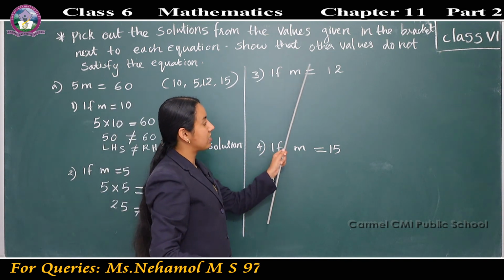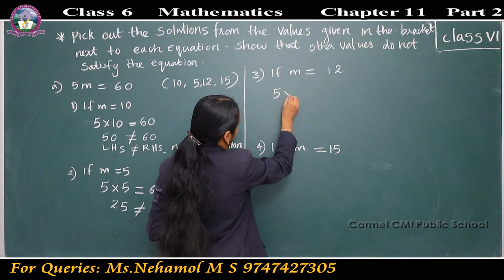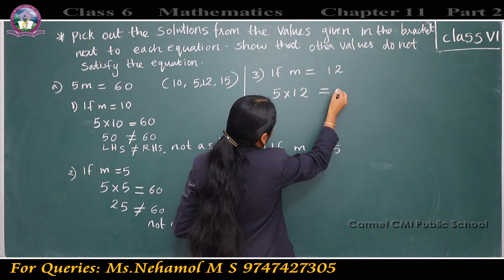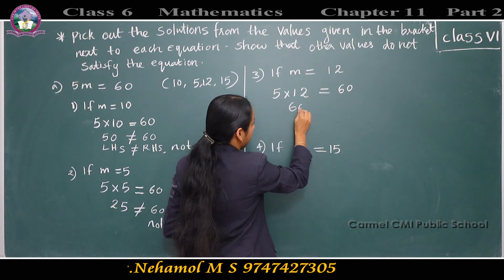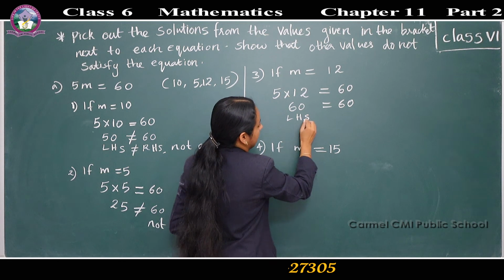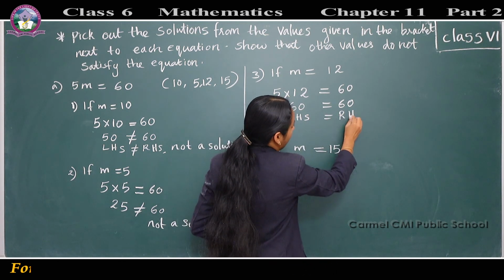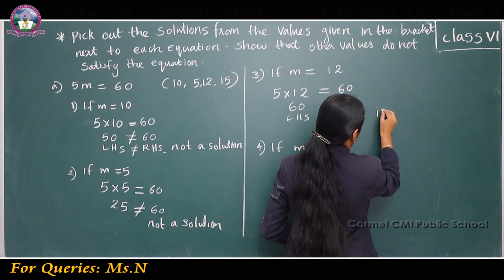Next value, m is equal to 12. If m is equal to 12, 5m becomes 5 into 12. 5 into 12 is 60. 60 is equal to 60. LHS is equal to RHS. So it is a solution.